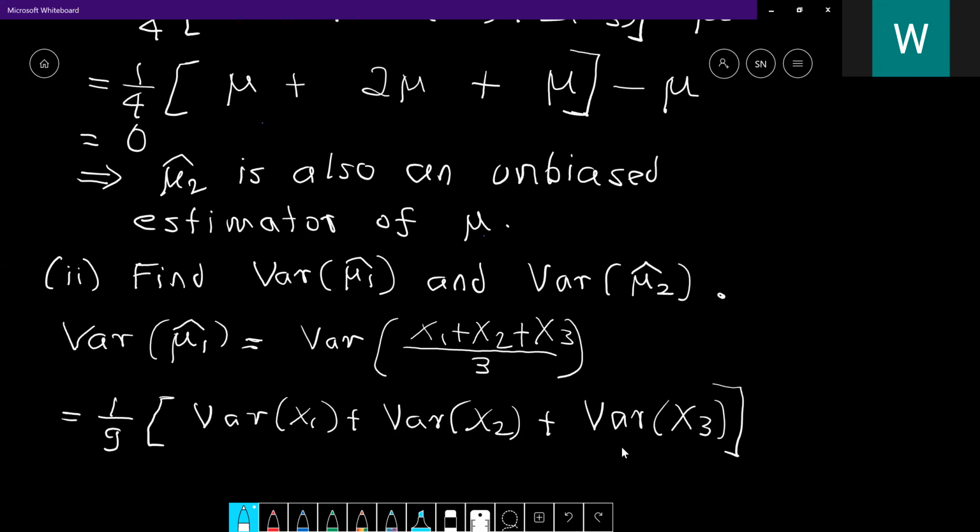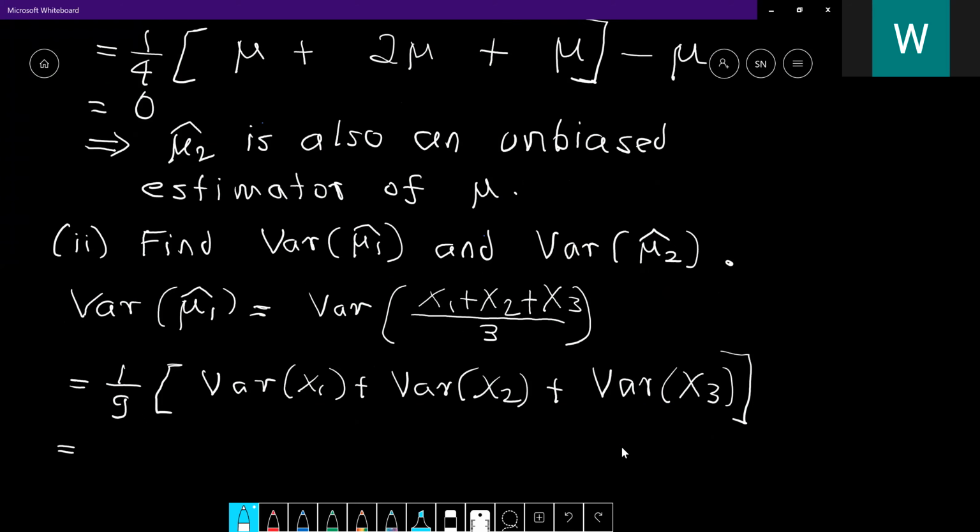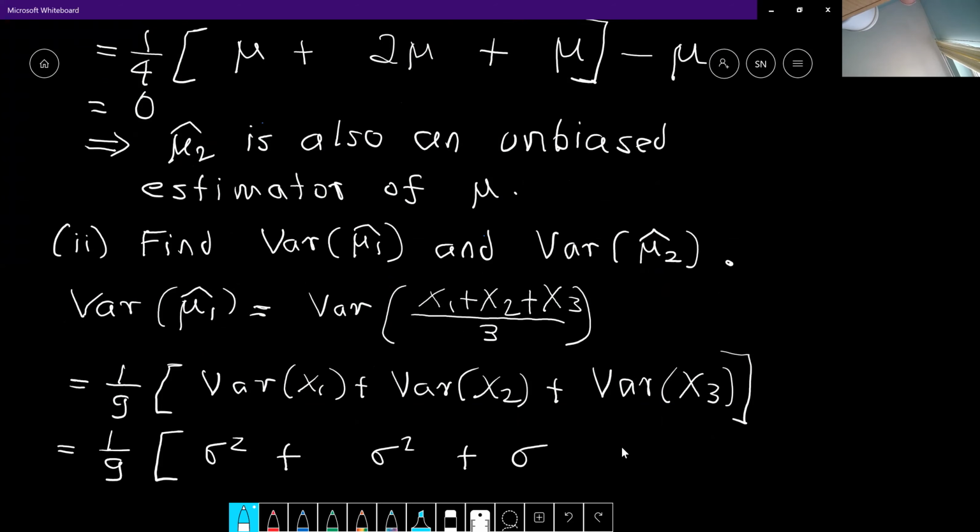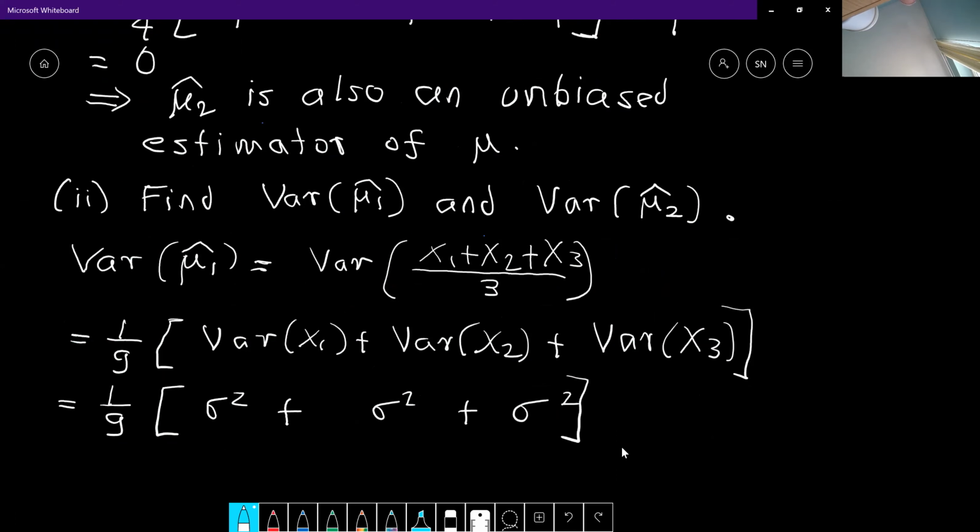So this becomes 1/9 times sigma squared plus sigma squared plus sigma squared, which is equal to sigma squared divided by 3. So the variance of the first estimator is sigma squared divided by 3.